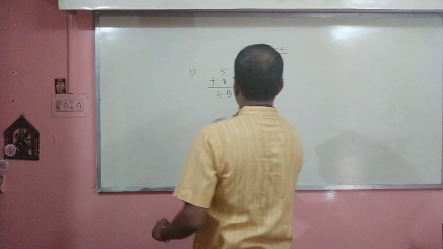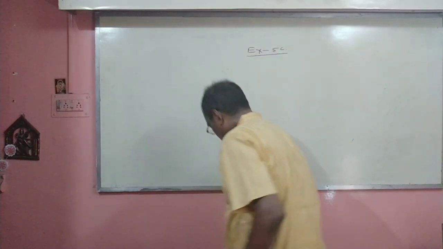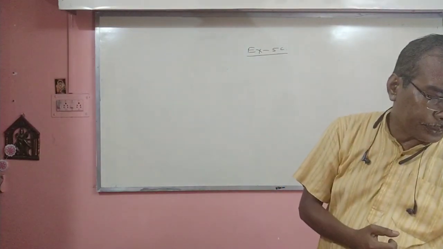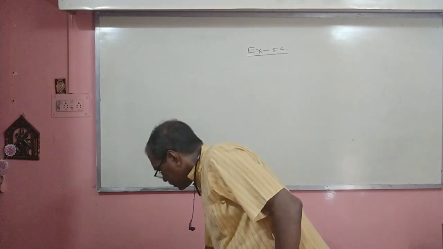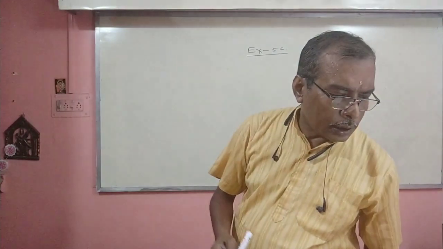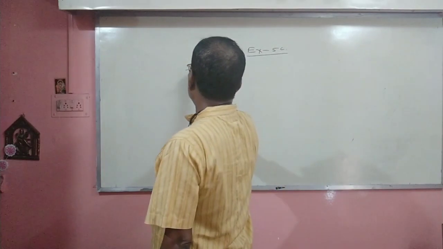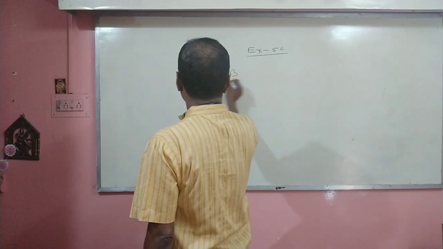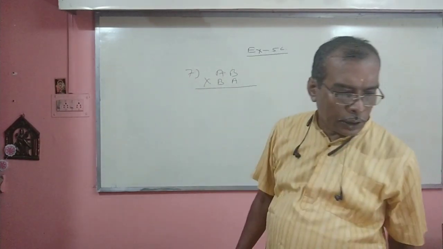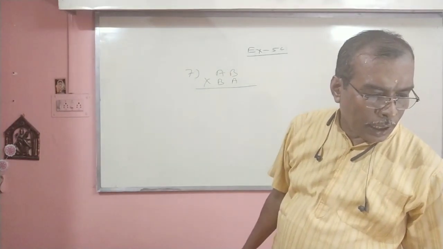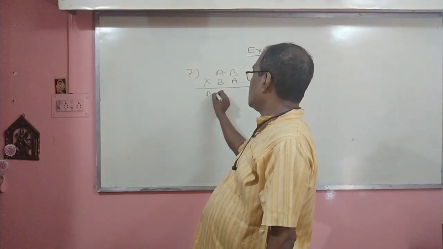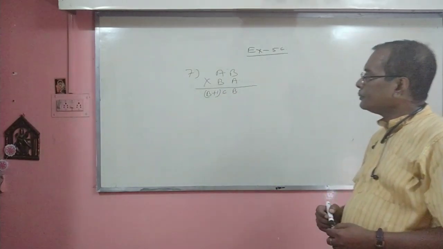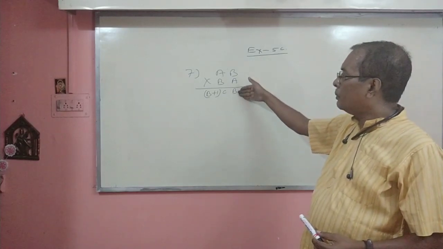The question is, I told you that this question is completely based on the hit and try method. The question is that AB7 into BA is equal to, if we multiply, then it should come as B plus 1, C and B. Whatever the thing is here, the same thing should come here.